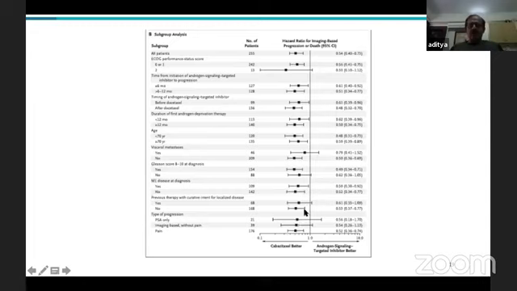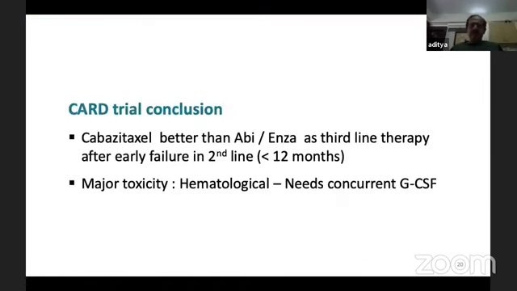So in all subgroup analysis, the cabazitaxel sequence seemed to work better than the Abi-Enza sequence. So the conclusion from this study is that in the third line setting, for patients who have failed early, who have aggressive disease, it is better to use cabazitaxel than try further lines of Abi or Enza.